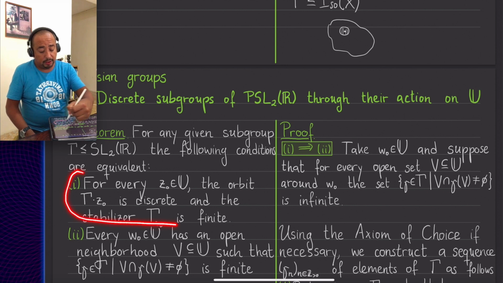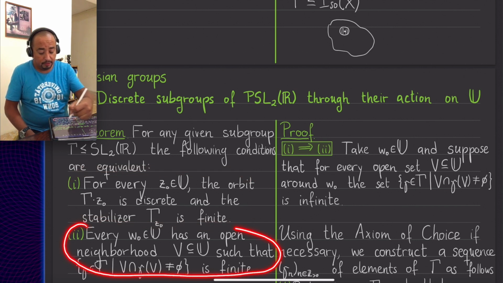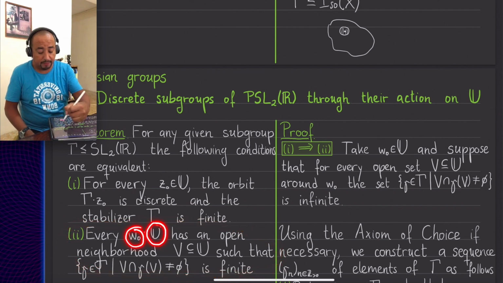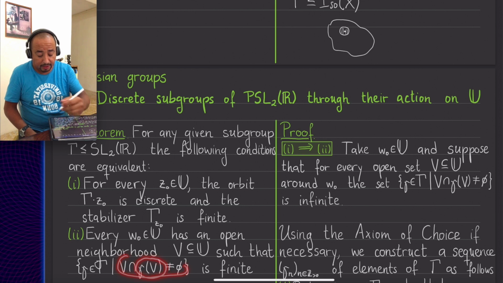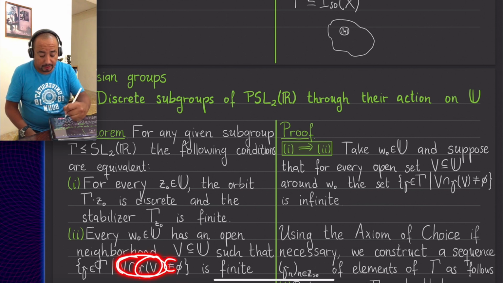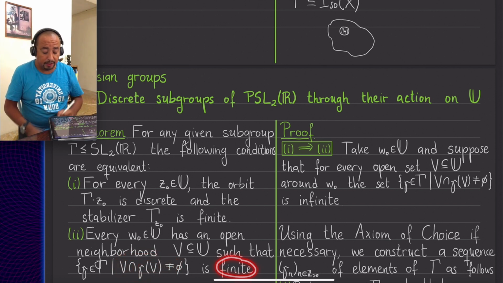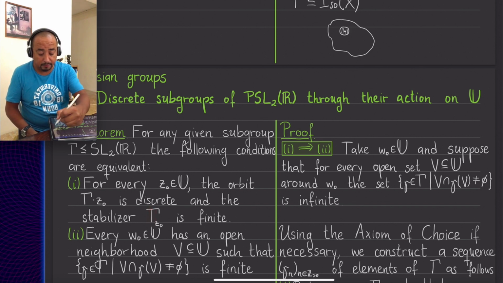This condition, having discrete orbits and finite stabilizers, is equivalent to the condition that every point of the space where I'm acting has an open neighborhood V such that, maybe there is some non-identity element of gamma such that the image of V under it keeps intersecting V. Maybe, but there are not many: only finitely many elements of the subgroup gamma have the property of not moving V very far away.